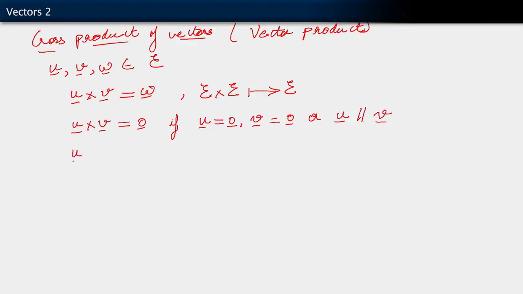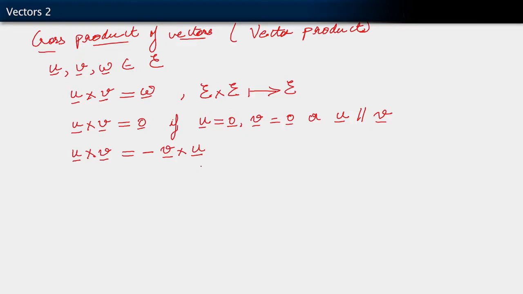Continuing along the same line as we did for the dot product, let's consider what happens with this. If we take u cross v, we know that it is equal to the negative of v cross u. So in particular, u cross v is not equal to v cross u.